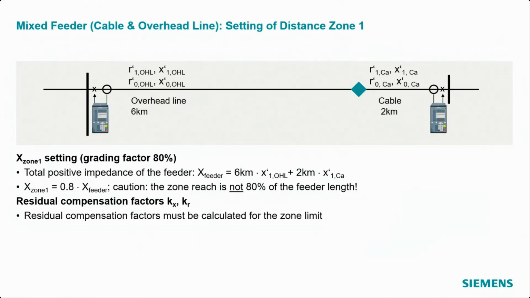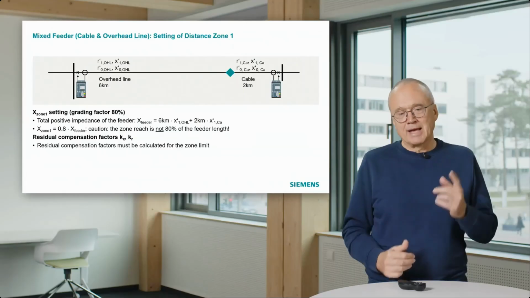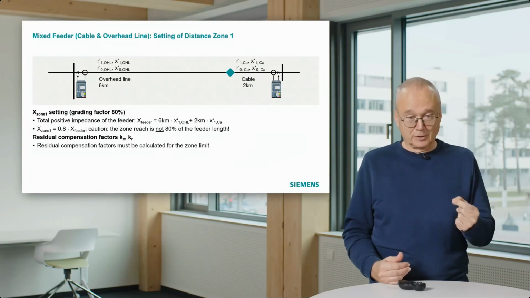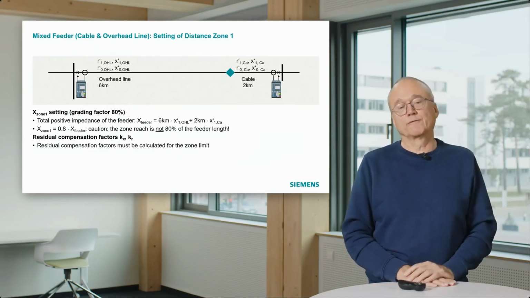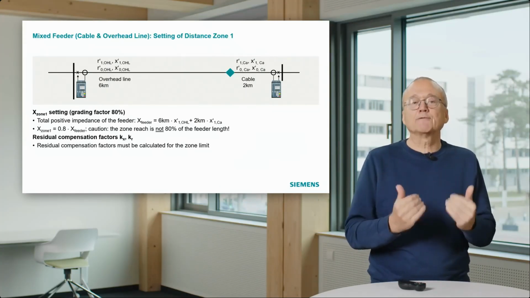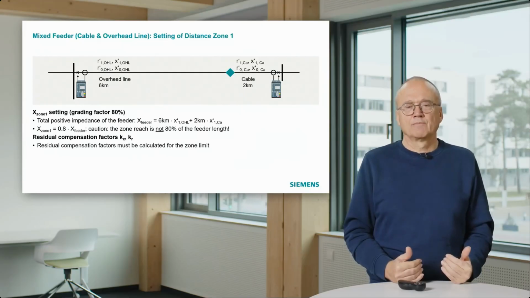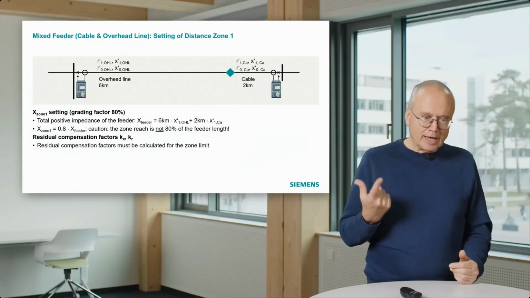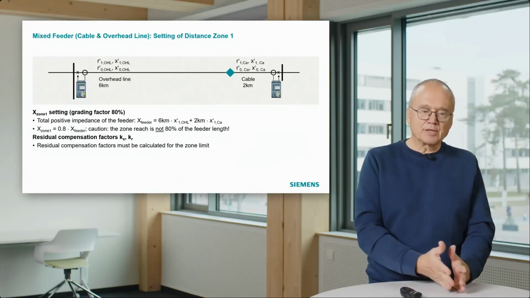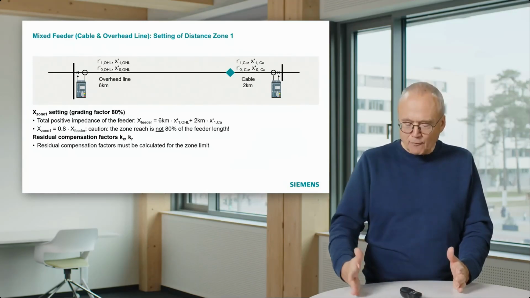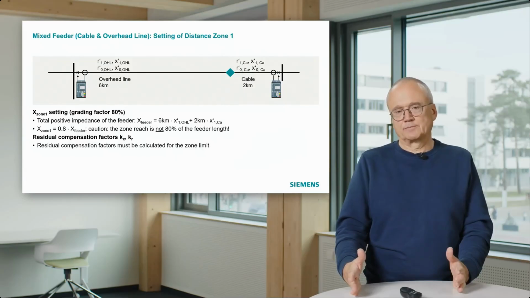Then we need the residual compensation factors. We have to calculate them, and they can be calculated from the positive sequence data and the zero sequence data. You may know the formulas, but the problem is these two sections have different compensation factors. So the question is, which one should we set for the distance relay? And there the important consideration is that the distance relay has to be accurate if we have a fault near the zone limit.